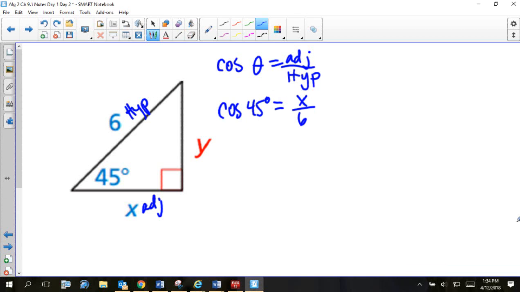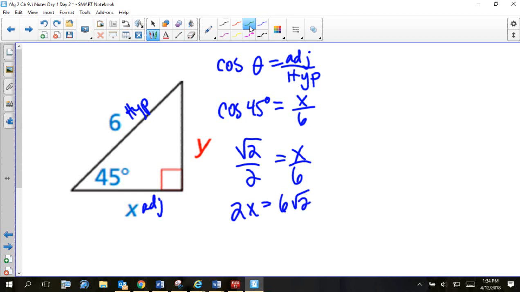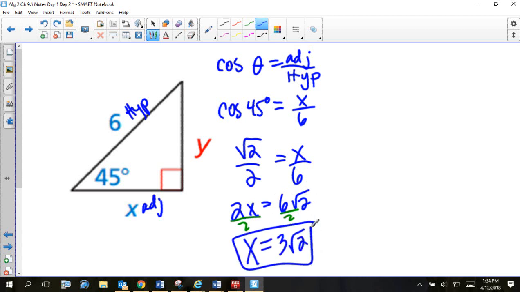Cosine 45 degrees, Ellie. Radical 2 over 2. So we cross multiply and we get 2x equals 6 radical 2. Divide by 2. X is 3 radical 2. We do the other one.